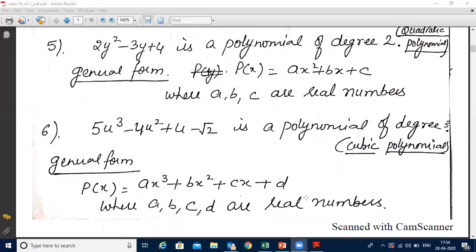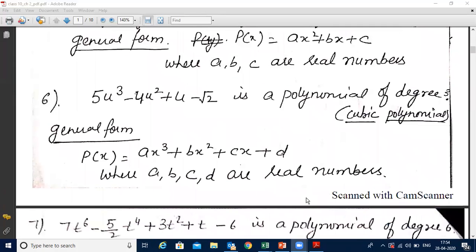Now, what is the general form of a cubic polynomial? It will be ax cube plus bx square plus cx plus d. Notice here, I am writing the general form in a special format, with all the terms in descending order of the power of x. See, ax cube, then plus bx square, that means power 2.